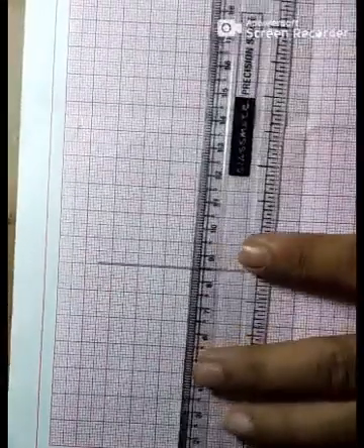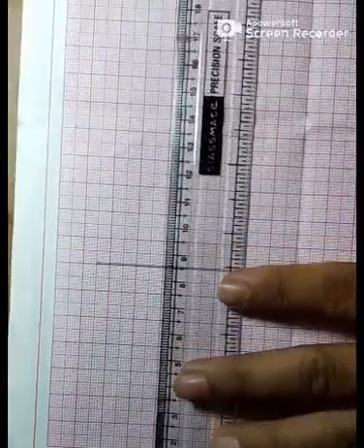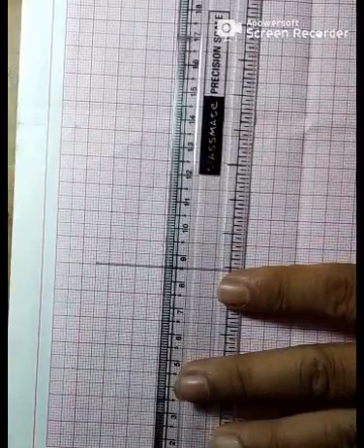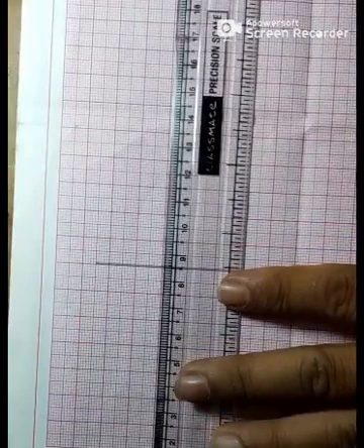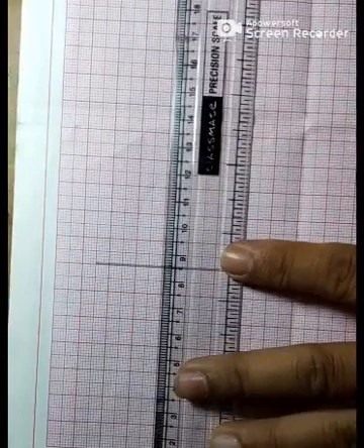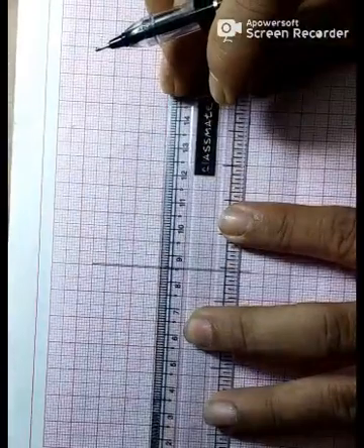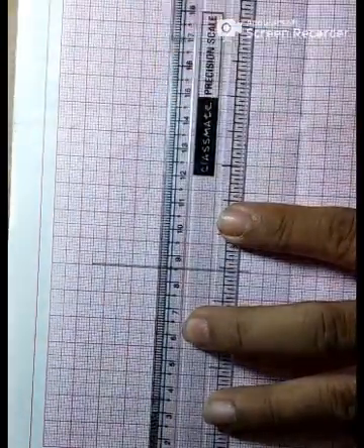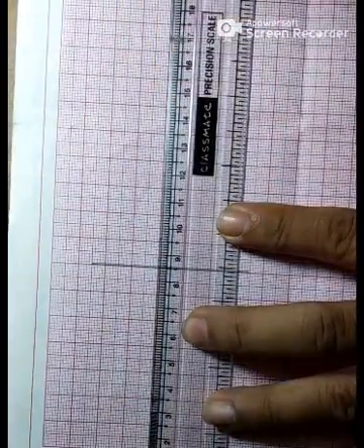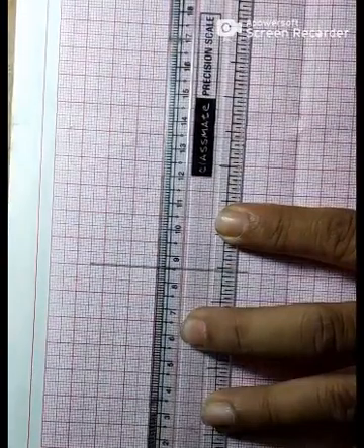So this is our principal axis. When you are drawing the principal axis, draw it at one time, so that it will be easier for all, because you will get the same line in all diagrams, right? So let us mark from here.